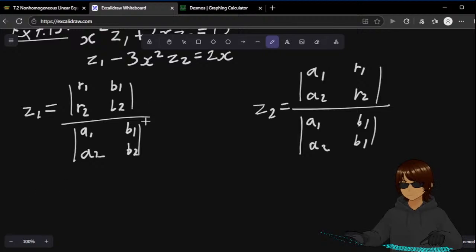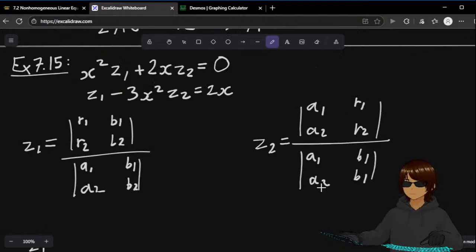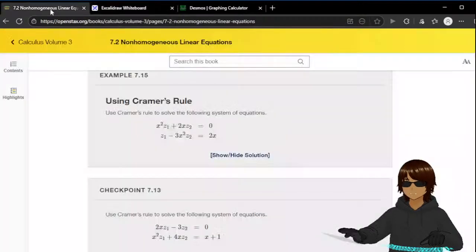So let's see. Z1 is equal to R1 B2. So A is over here and B is over here, right? Hold on.